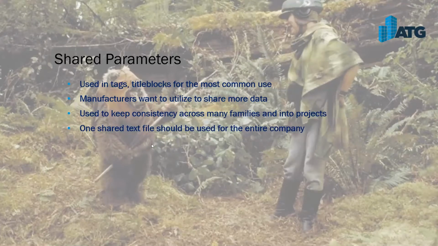That text file is placed out on your server somewhere that everybody can access. If somebody needs to use a parameter that's specified in that shared parameter file, you're pointed to that, select it, and add that to your family. And again, it can be reused over and over again, and you don't have to worry about it being different from family to family. It is a time saver to have that shared parameter text file as well.